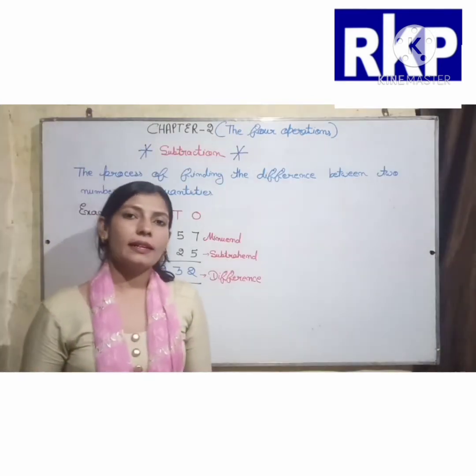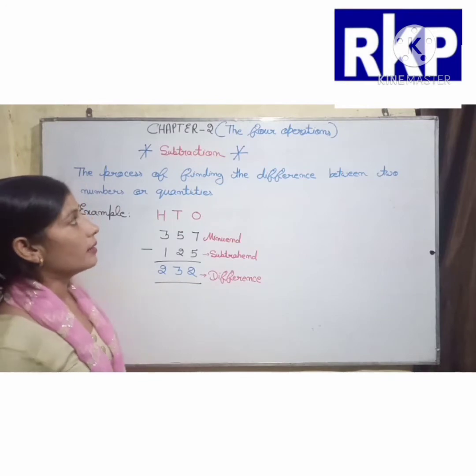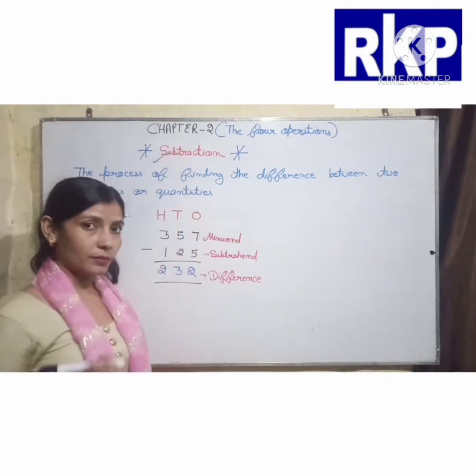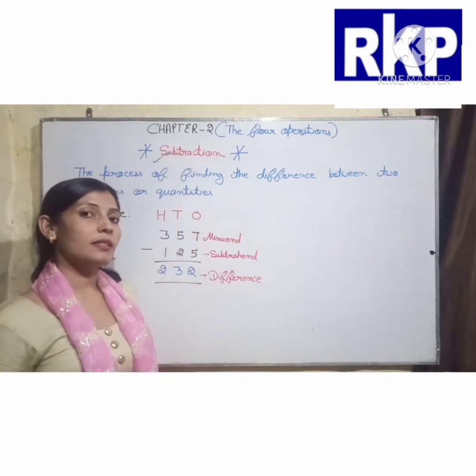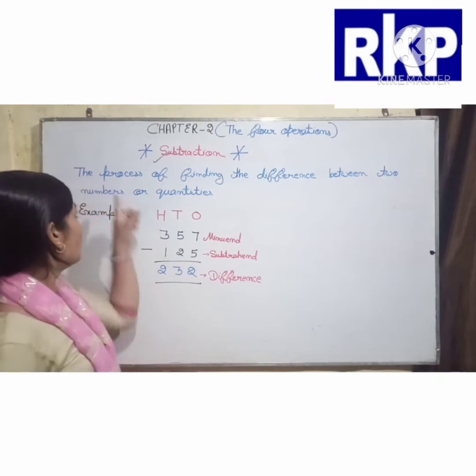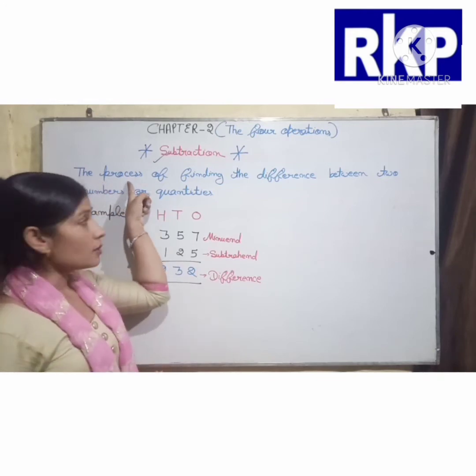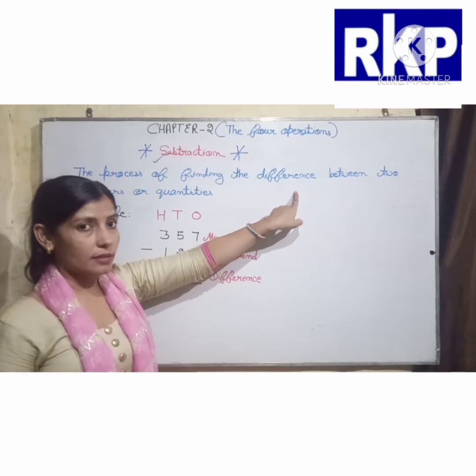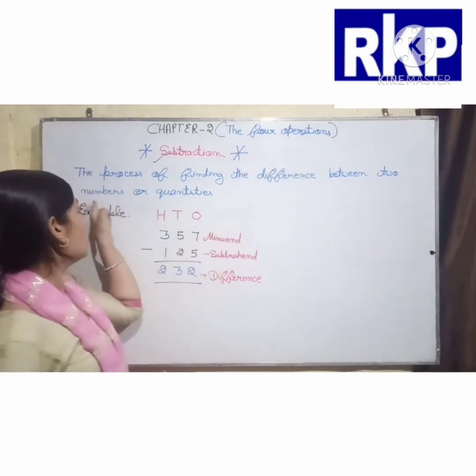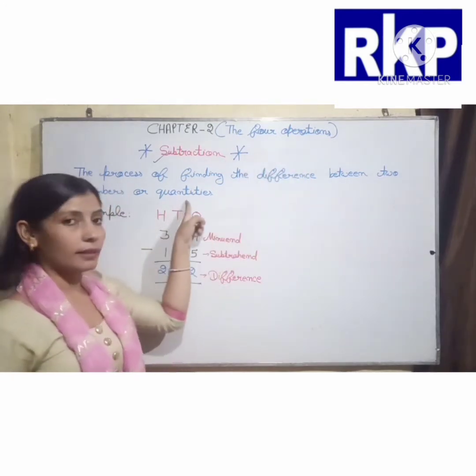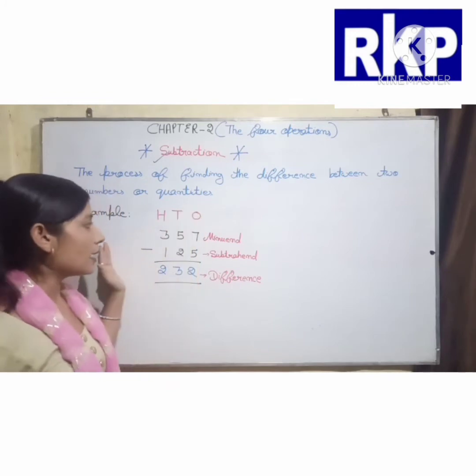Now students, let us revise our next topic, and that is subtraction. Okay, now let us see what is the meaning of subtraction. Subtraction is the process of finding the difference between two numbers or quantities. Now let us see one example.